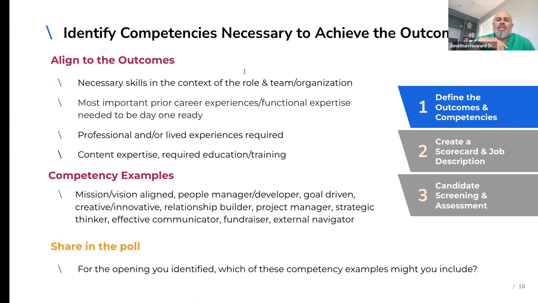So what are the necessary skills that someone needs in the context of the role? Often there are particular skills required to operate within certain organizations, and there are different cultures, and those are things you'll need to think about.